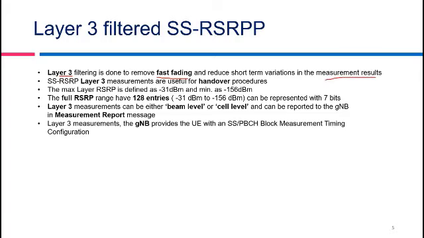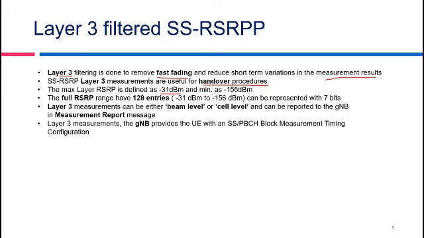The SS-RSRP measurements at layer 3 are useful for the handover procedures, or we can say the mobility procedures. The maximum value defined for layer 3 RSRP is minus 31 dBm and the minimum is minus 156 dBm.